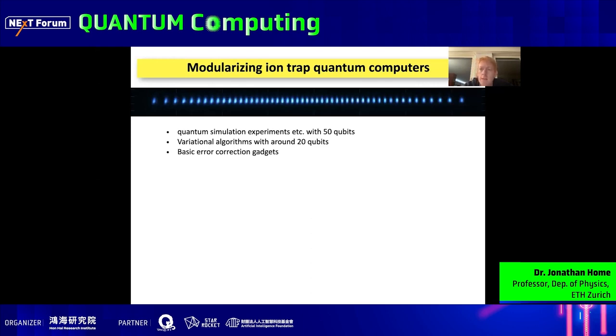So the state of the art in trapped ion quantum computing in terms of qubit numbers is very often realized by devices in which basically you take a trapping potential and you put all of the ions of interest into that trapping potential. And then you engineer your optics so that you can shine light on individual ions in this chain.